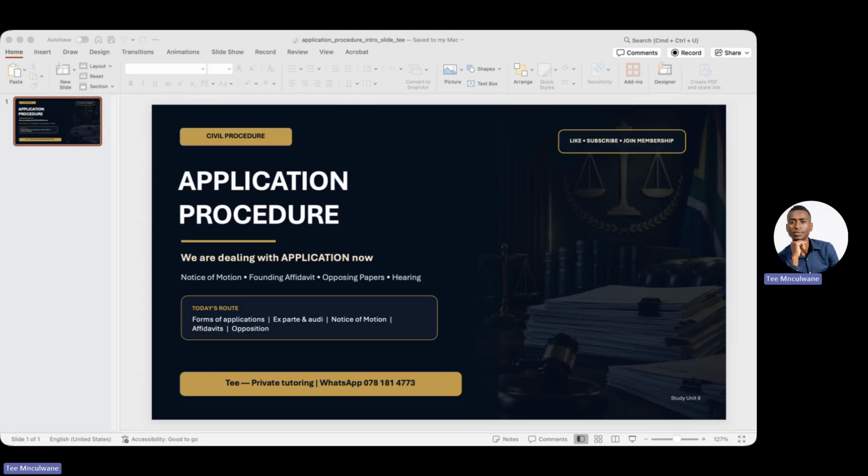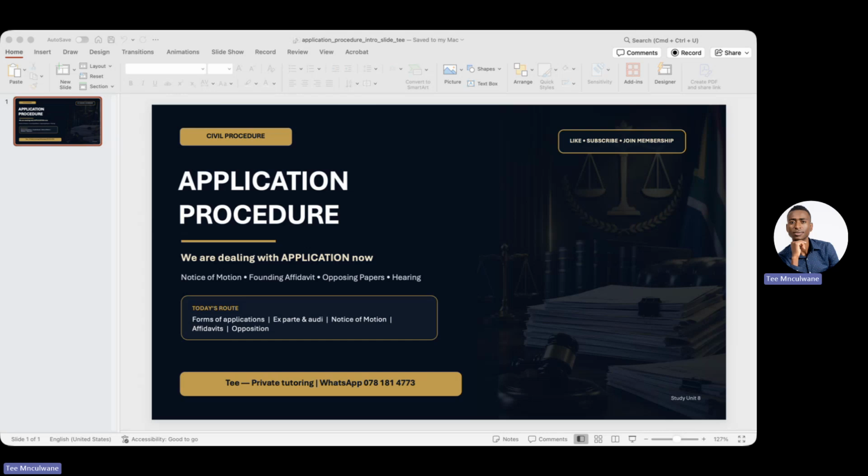The respondent may then file an answering affidavit. The applicant may reply with a replying affidavit. If the application is on notice, the respondent is given a chance to be heard. If the application is ex parte, the respondent is not initially notified, so the applicant must make full and frank disclosure. The audi alteram partem rule means hear the other side, right?